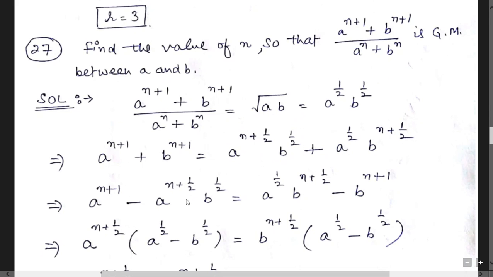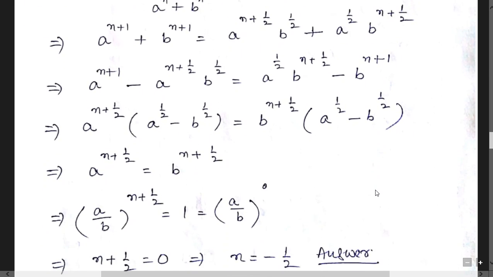Now shift this term on the left hand side and this term B raised to power n plus 1 on the right hand side. Then taking A raised to power n plus 1 over 2 common, this term is there similarly on the right hand side, and inside bracketed term it can be cancelled with each other. A raised to power n plus 1 over 2 and B raised to power n plus 1 over 2 become equal.